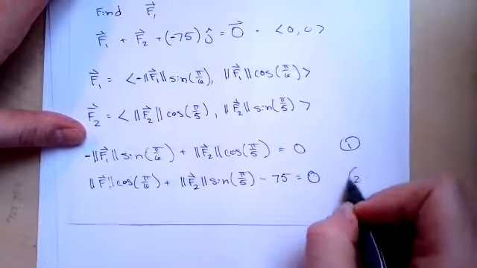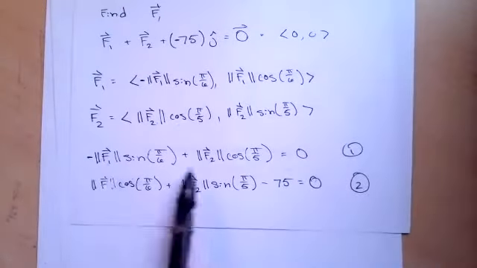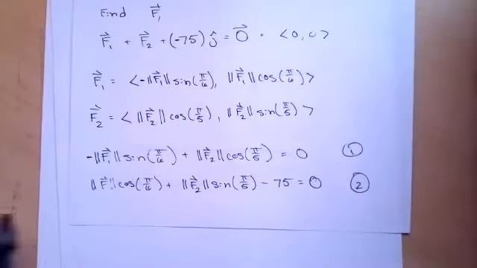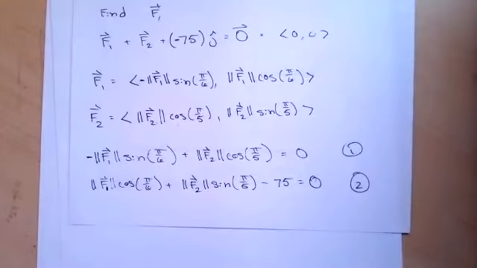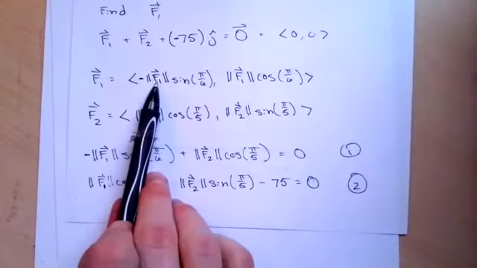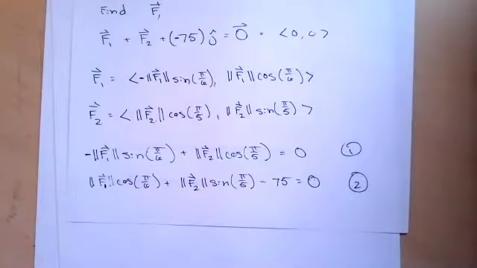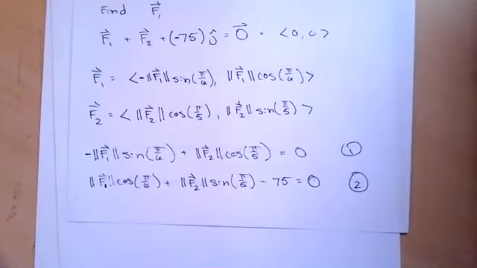So we've got two linear equations, two unknowns, norm of F1 and norm of F2. So we can solve this system of equations for the magnitude of each of the forces. And then once we know the magnitudes, we can plug them back into the component form of the forces and maybe use a calculator for the pi over 5s and then figure out the component forms of the vectors.